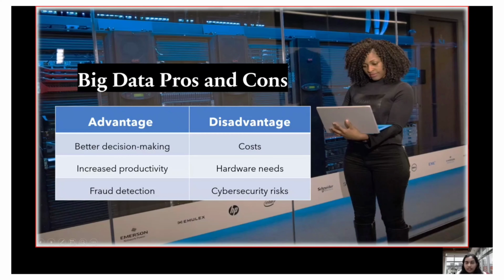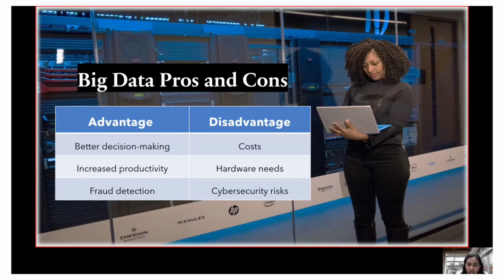Okay, there are advantages and disadvantages to big data. The advantage will be better decision making. Analytics can give business decision makers data-driven insights to help their companies compete and grow. Second is increased productivity.